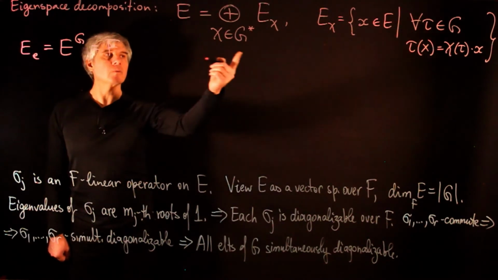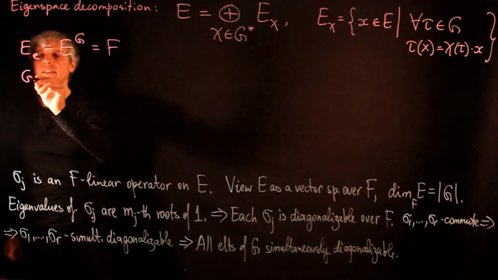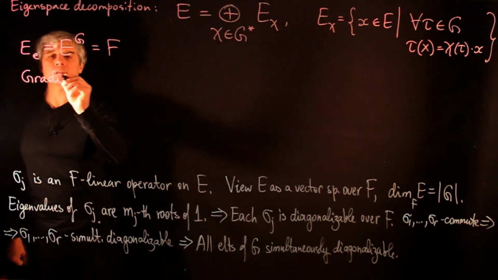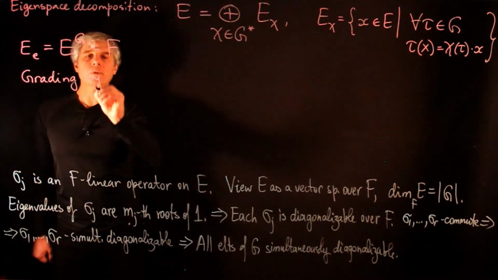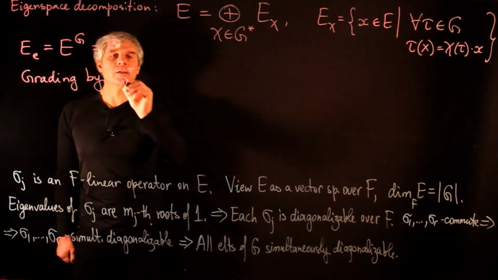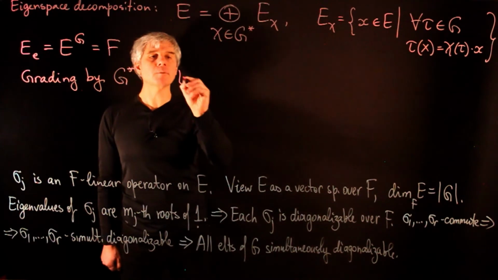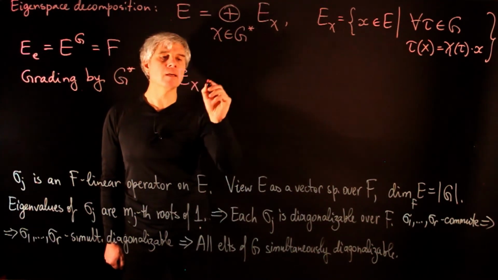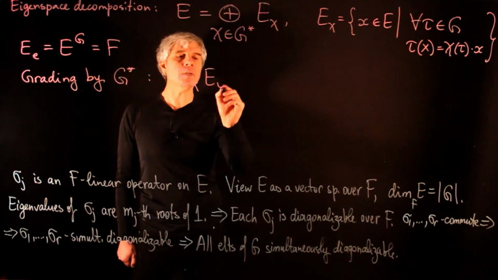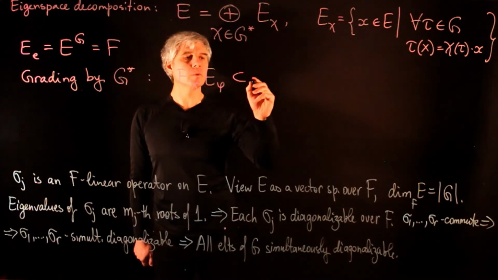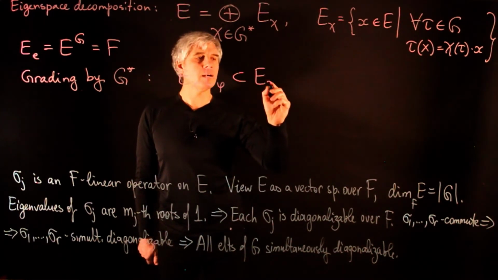In addition, we can see that here we have a grading of our field by the group of characters G star. So this means that if we multiply something in E chi with something in E phi, then the result will be in the component E chi times phi.